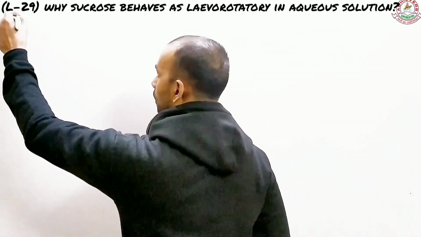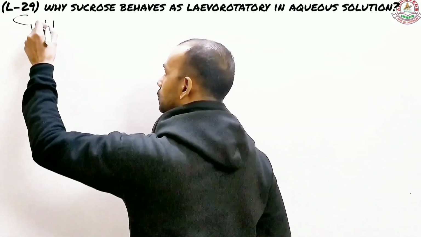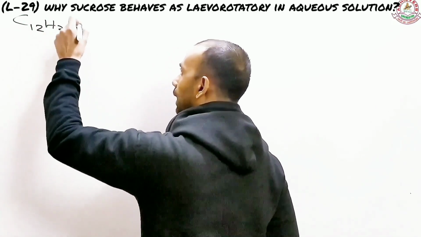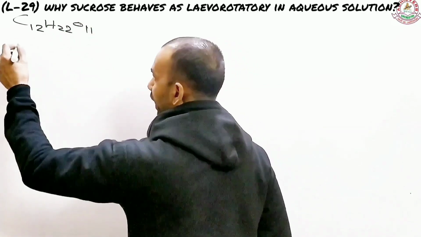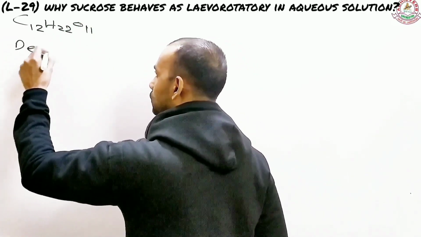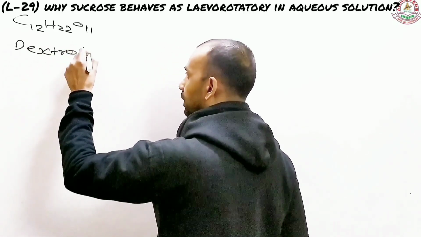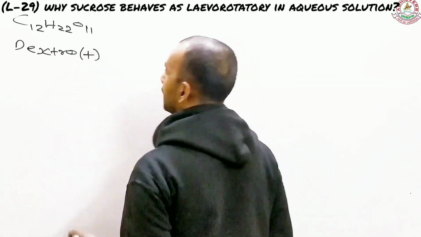So like we know, sucrose has a formula of C12H22O11. So this is your sucrose. Now you do know that this is a dextrorotatory substance and therefore it has a plus sign, right?